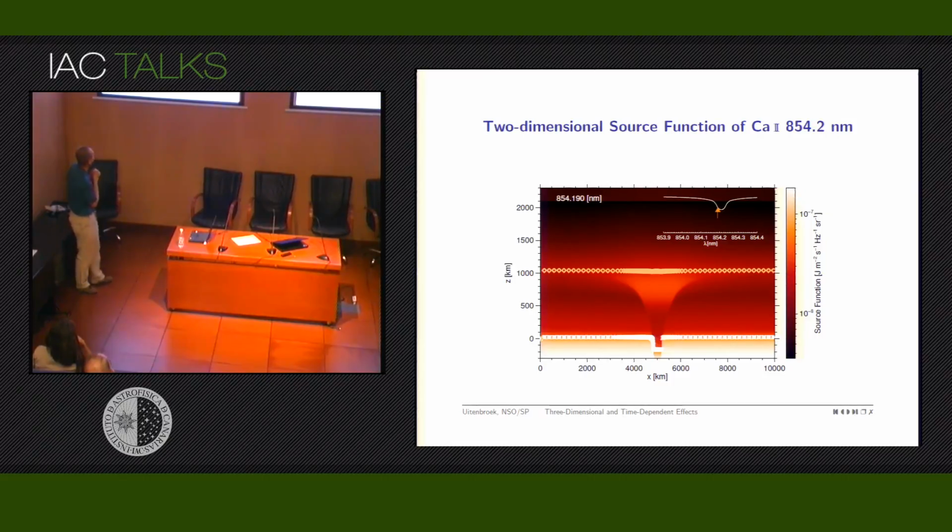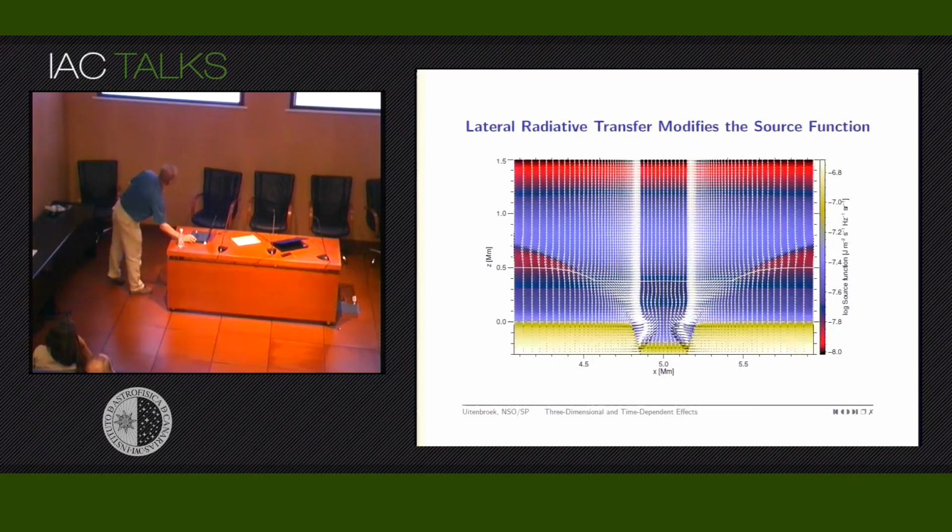So what happens there is that because of this, what we call evacuation, there's radiation that goes from the denser outer atmosphere into the flux tube. And these arrows now indicate the flow of radiation.